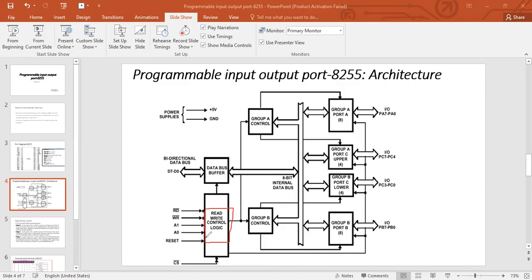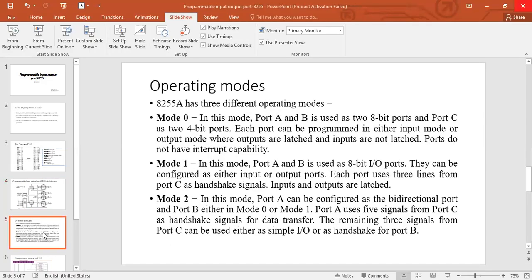So this unit is responsible for the control word generation. First we will discuss the control word format for the 8255 IC, and by using that control word the operating mode of 8255 is decided.